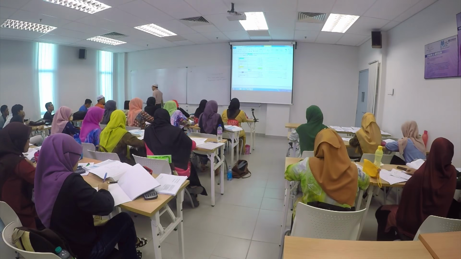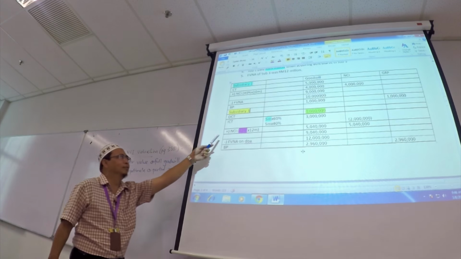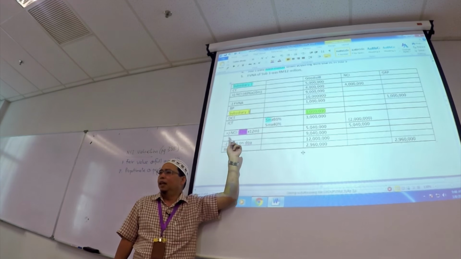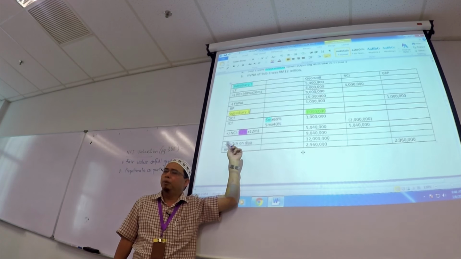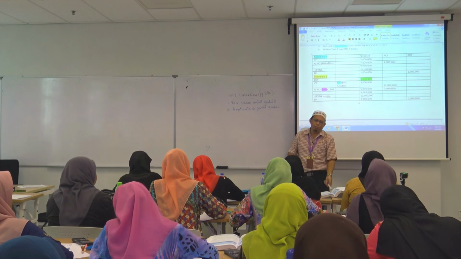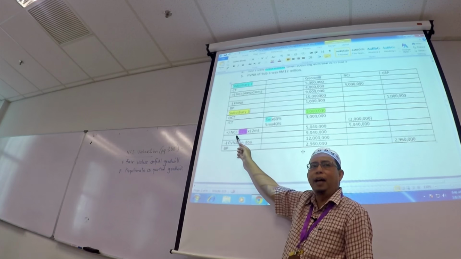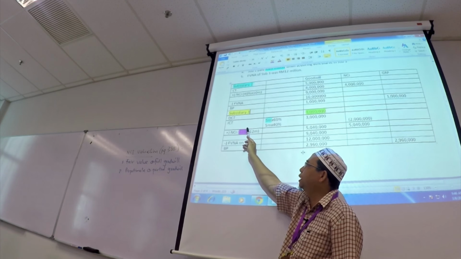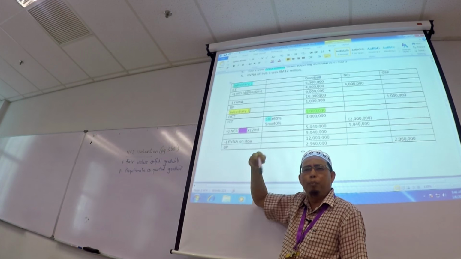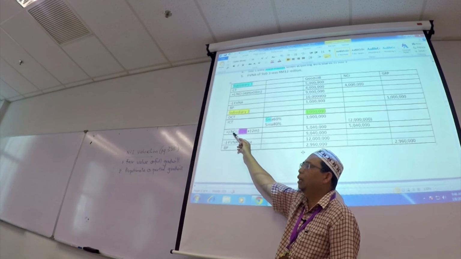Okay, so the one that you see here is proportionate. We call it proportionate because when you value your NCI, it has a certain percentage here. That's why we call it proportionate: the proportion of the fair value that belongs to the NCI.